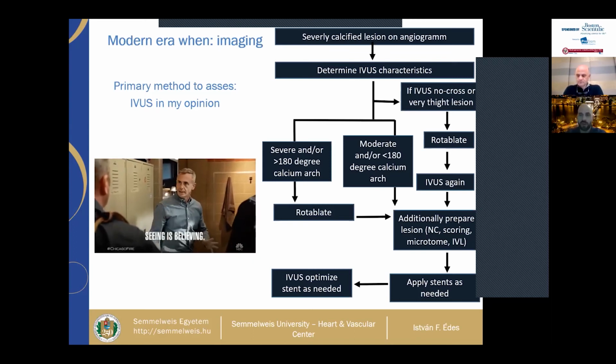To determine the IVUS characteristics of the lesion, we always look at the arc of the calcium. If the arc is more than 180 degrees, meaning reaching 2 quadrants, then we consider that severe. If it does not reach 180 degrees or 2 quadrants, we consider that moderate. If there is definitely a high arc of calcium and the stenosis is severe, we rotate up front.